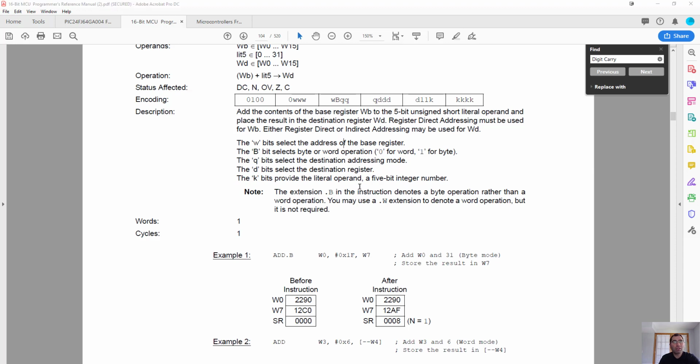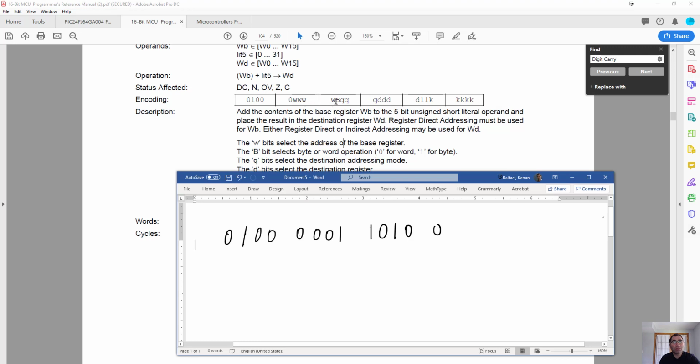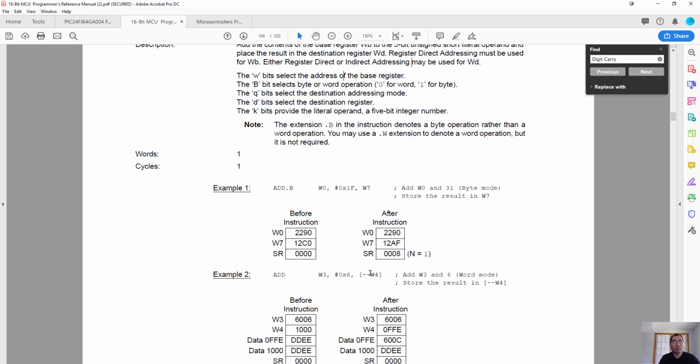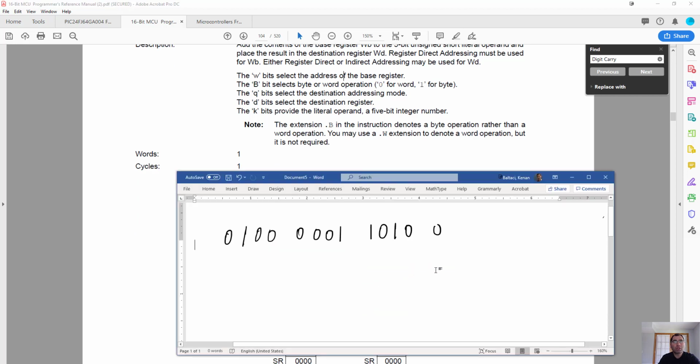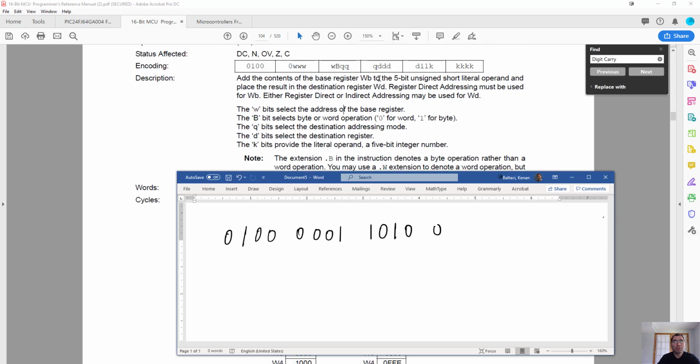It's the same thing as with the WWW. That one is for the base, and DDDD is for the destination. So which register do we use? W4, right? So W4 is going to be 0, 1, 0, 0. So this is Q here, 0 1 0 0, then DDDD.